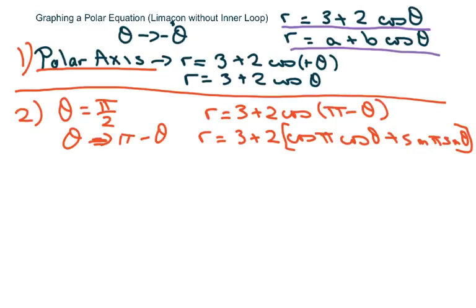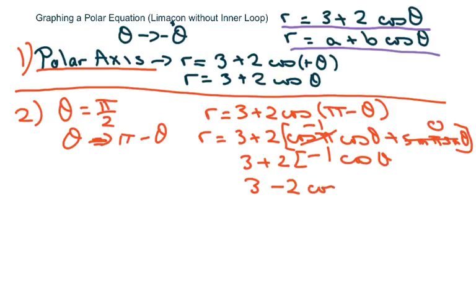If you simplify, you get 3 plus 2, this is negative 1, and this is 0. So we get negative 1 cosine of theta, which gives us 3 minus 2 cosine of theta, and that equals your r.